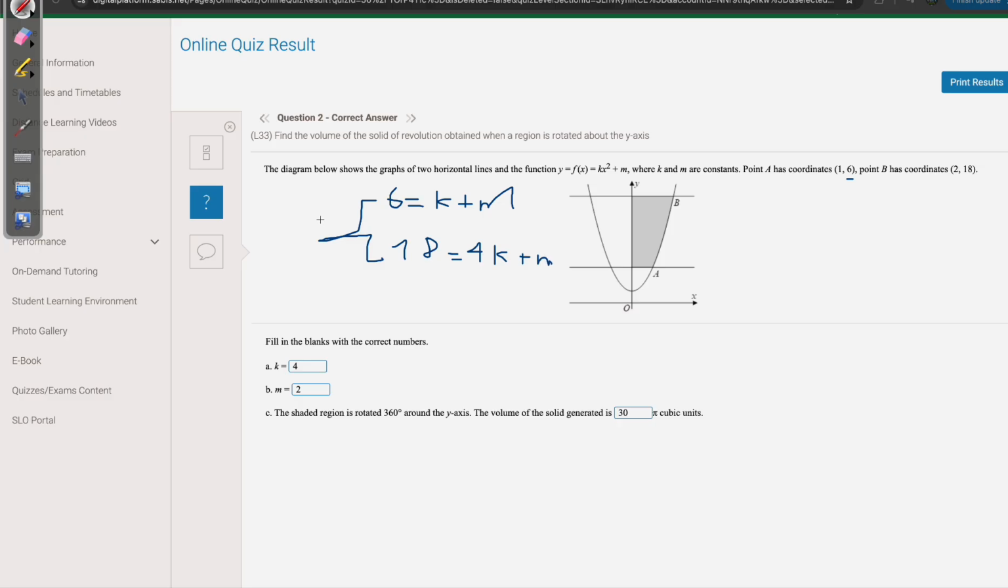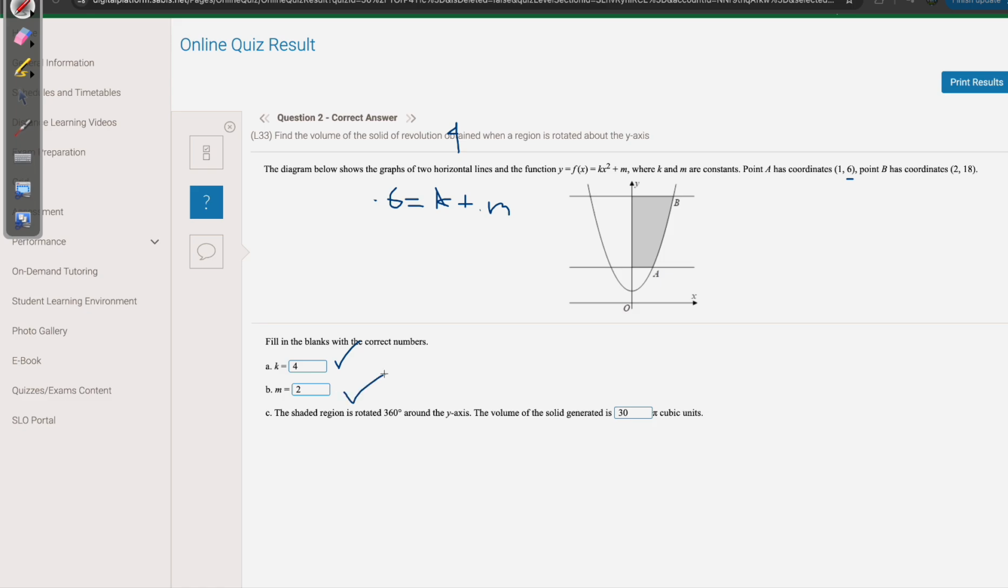Now let's subtract here, up minus down, so we can cancel out the m. So m cancels. 6 minus 18 is negative 12. k minus 4k is negative 3k. You get k is 4. Done. And then you're gonna substitute in one of the equations. So let's substitute it here. You got that k is 4. You're gonna get that m is 2.